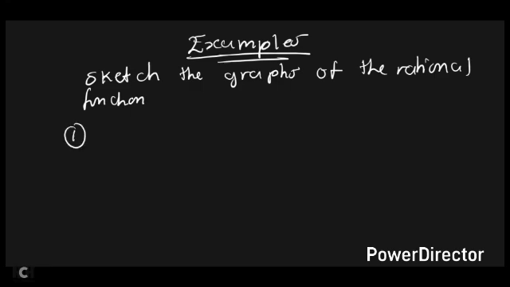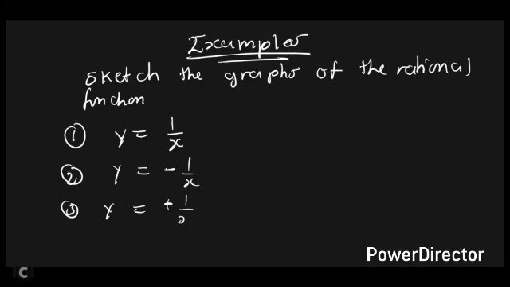The first one, they say y is equal to 1 over x, right? The second one, let's put y is equal to negative 1 over x, like that. Then the third one, let's say positive 1 over x, now let's put squared, like that.